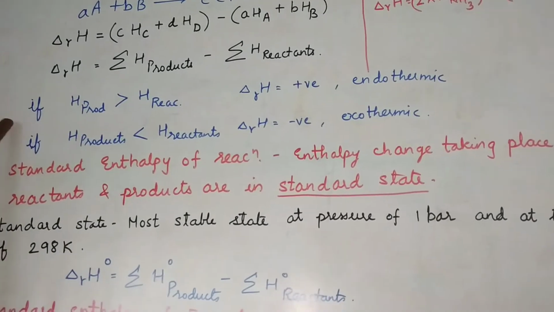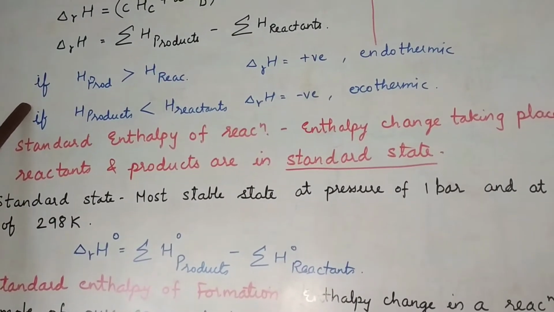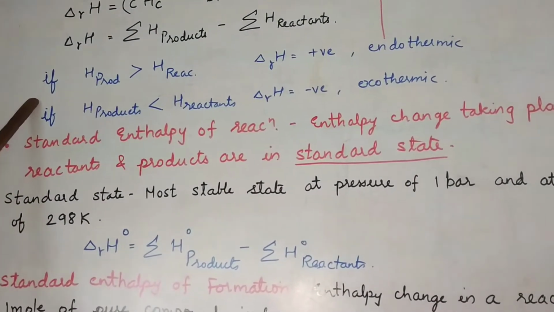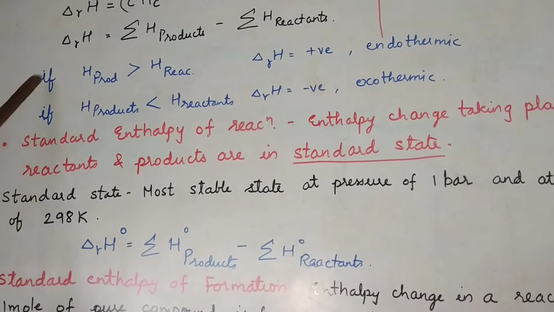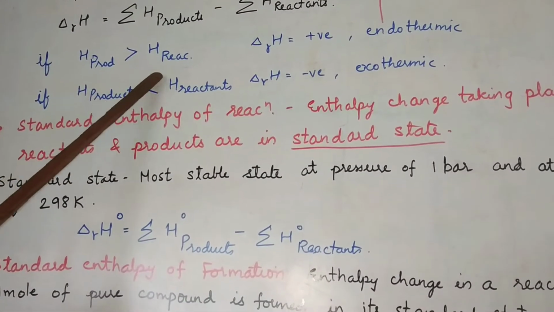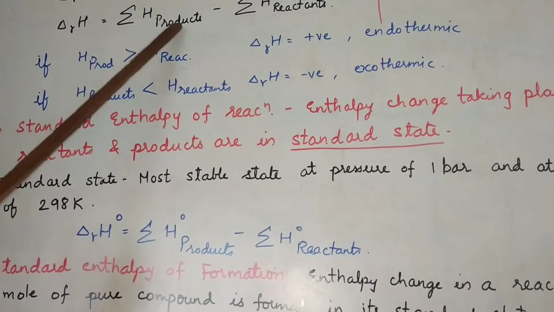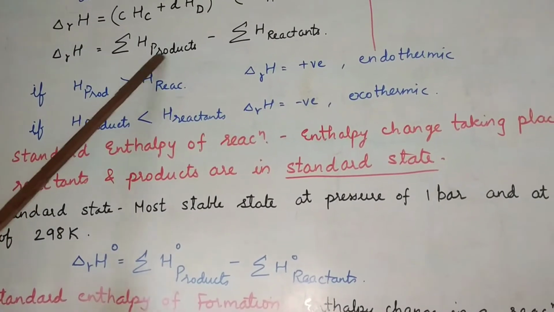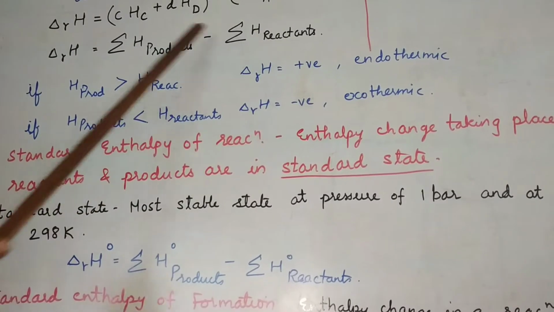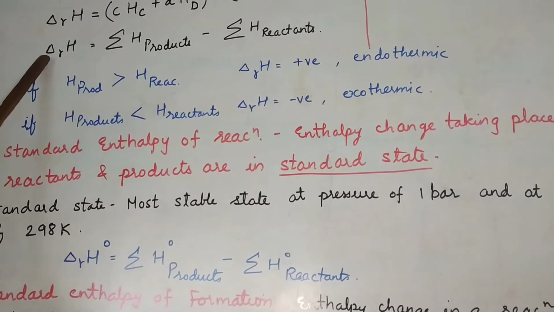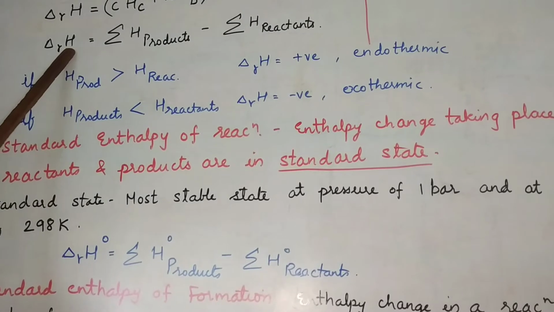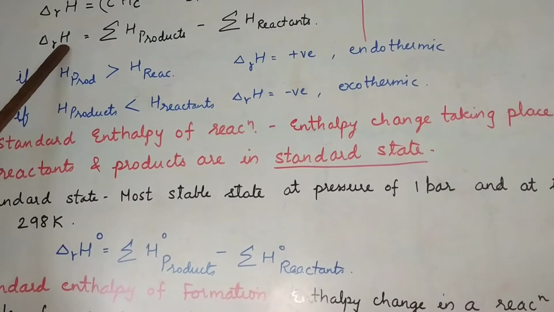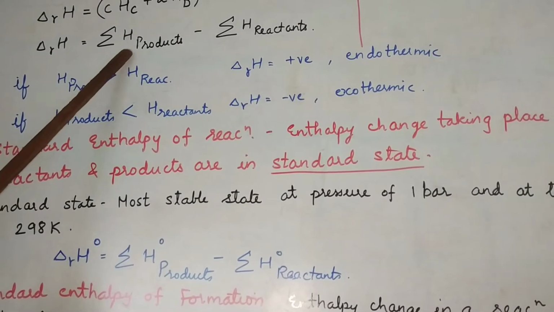Now from the formula you can just imagine and get a concept that if delta H of the product, say H of the product, is greater than the reactant enthalpy, then delta H for the reaction, the enthalpy change for the reaction, will be positive because the first value is greater.